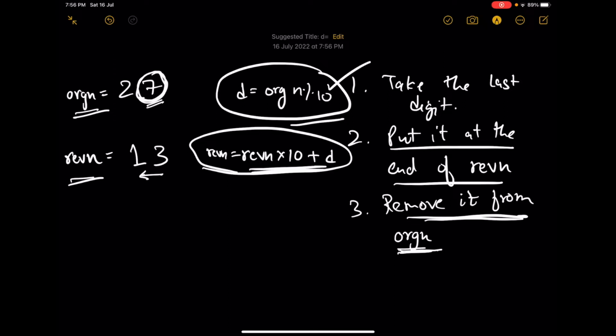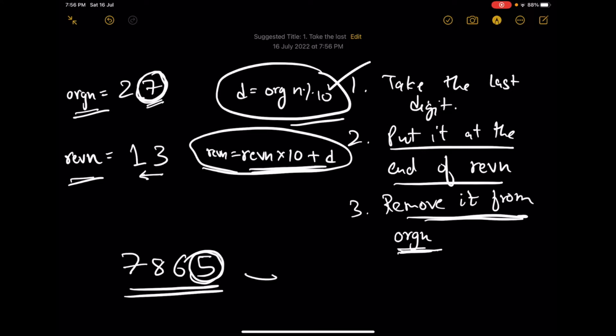Let's say I have any number 7865, and now I want to remove this last digit. All I need to do is divide this number by 10 and take the quotient. When I divide it by 10, the quotient I'll get is 786, right? And that's what I wanted. I wanted to just remove this last digit. So that's how you remove the last digit from ORGN. You just divide it by 10 and take the quotient.